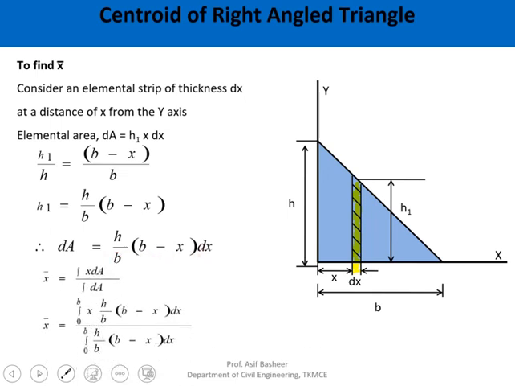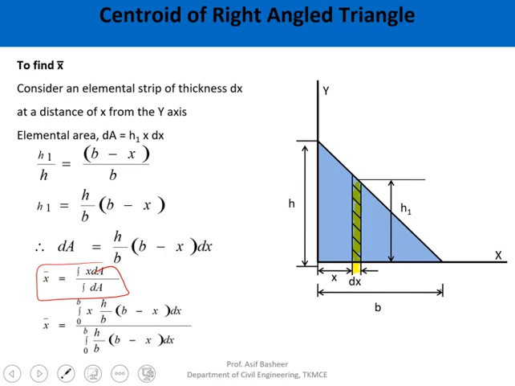And you know, x bar is equal to integral x dA divided by integral dA. Here the strip has to travel from 0 to b.